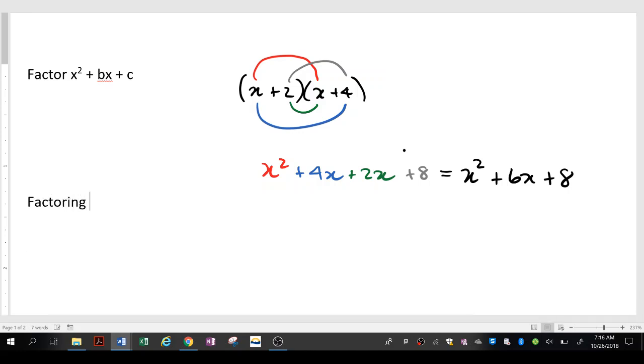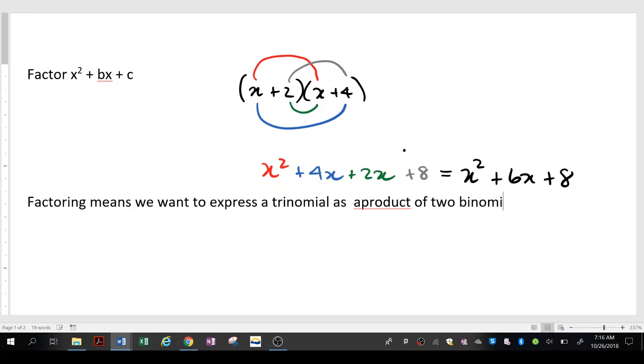So factoring means we want to express a trinomial, in this case, as a product of two binomials.